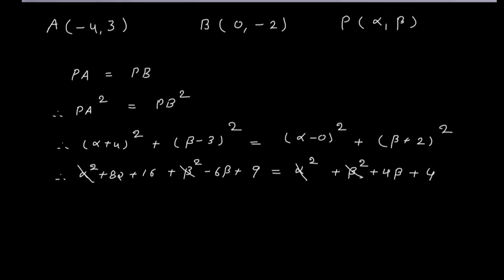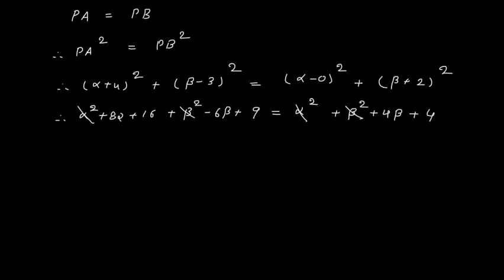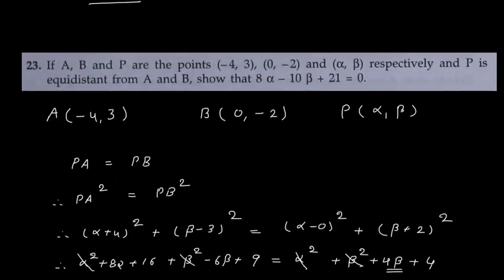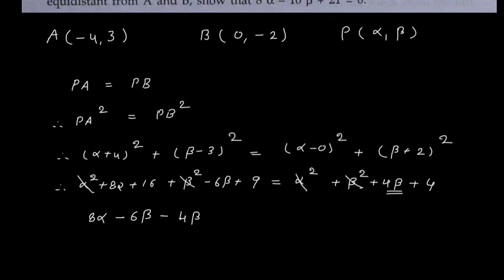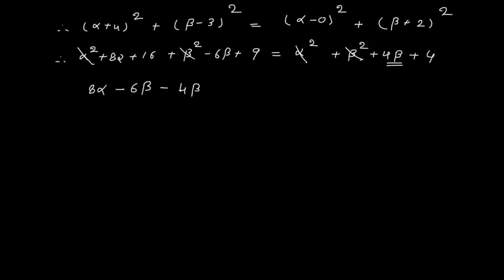Now here I have 8 alpha. On this side there is no alpha, so here we have 8 alpha minus 6 beta. Here we have 4 beta, so it will come on this side and become minus 4 beta. Now what we have to prove? We have to prove that 8 alpha minus 10 beta plus 21 is 0. So everything should be on the left hand side.